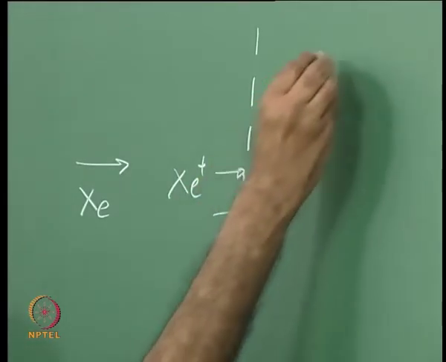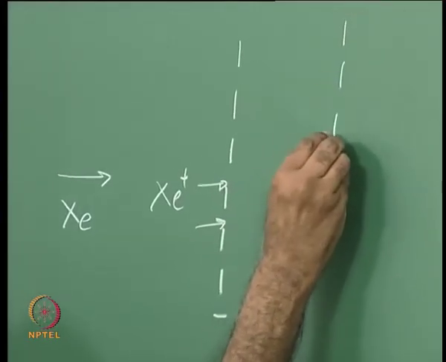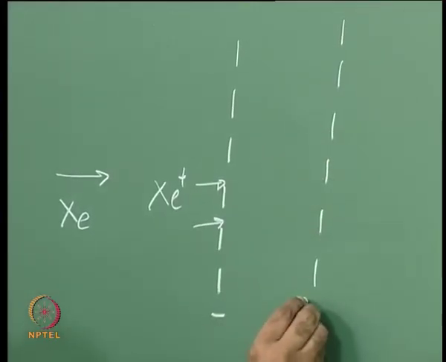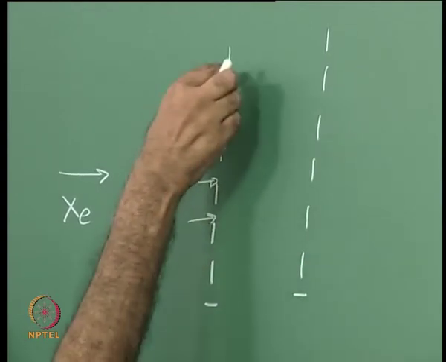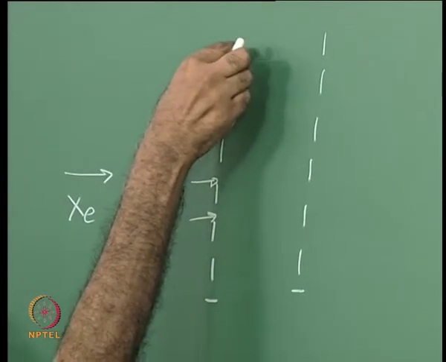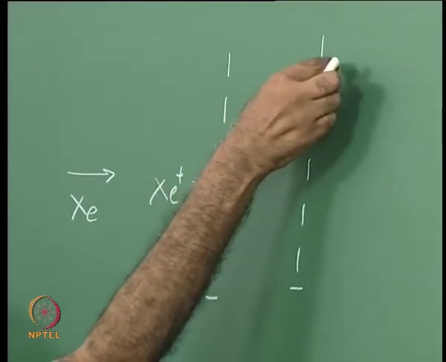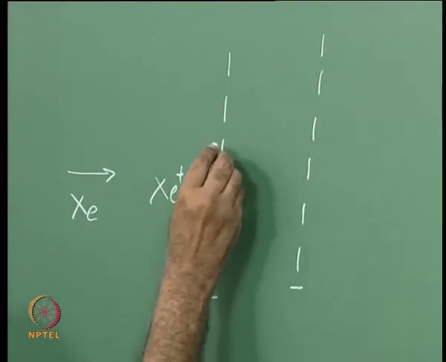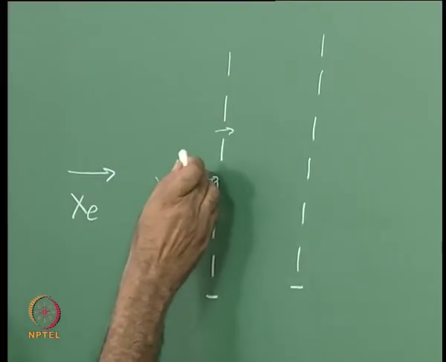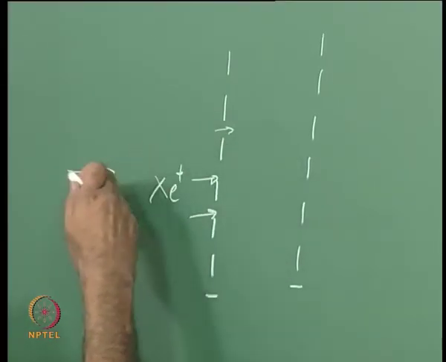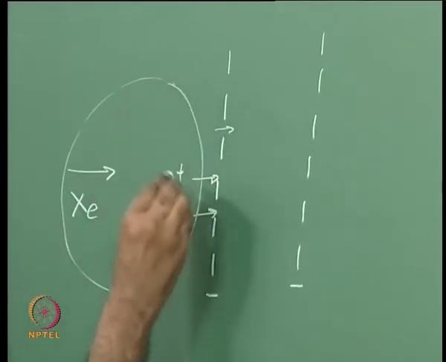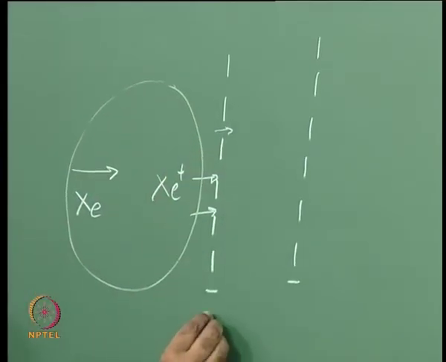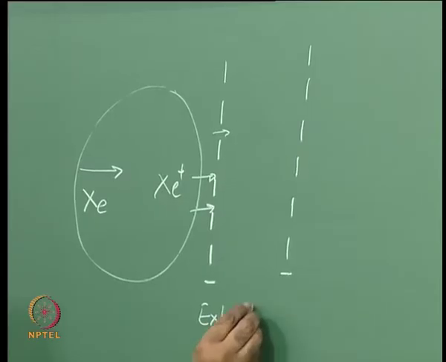Again I put another screen over here which is still more negative. That means I have a voltage difference between these two. This one is less negative than this, that means it is positive compared to this, and therefore whatever xenon ion is being attracted by this from this source, because I am generating the xenon ions here, I want it to extract, therefore I call it an extractor grid.